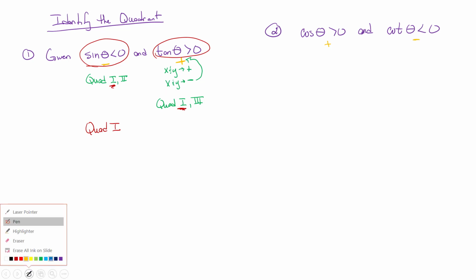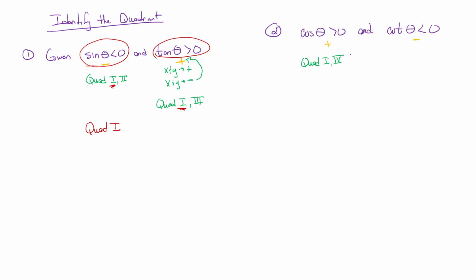Okay, so if cosine is positive, which quadrants are we talking about? Remember, cosine deals with those x's, right? Because it's x over r, but r is always positive because the radius is always positive. X being positive in quadrants 1 and, yep, 4.